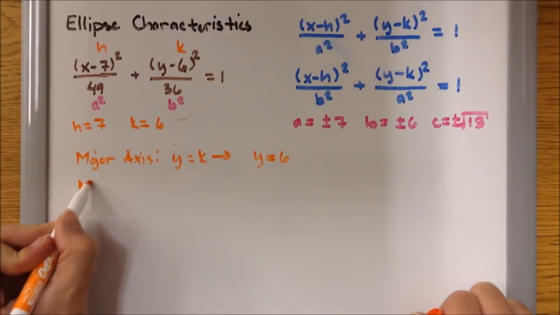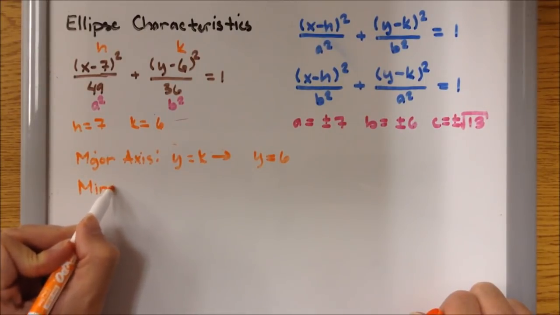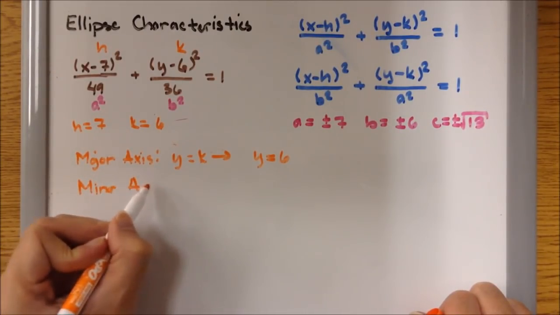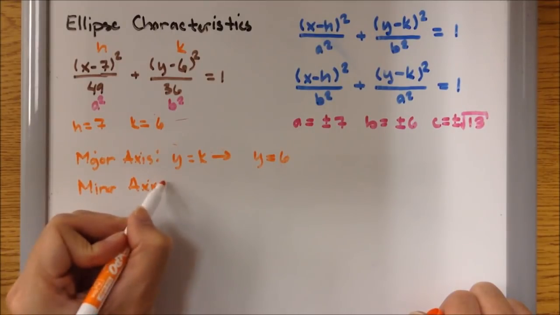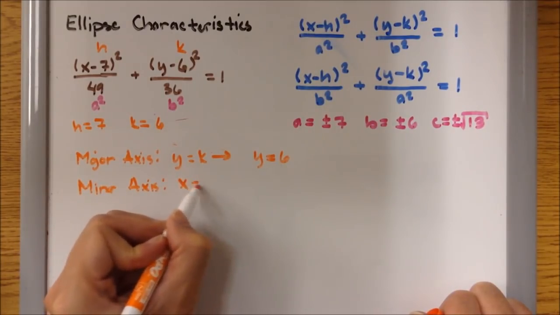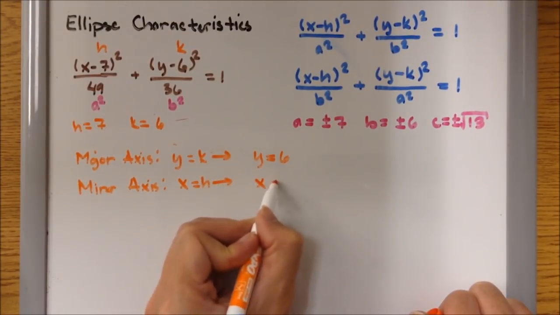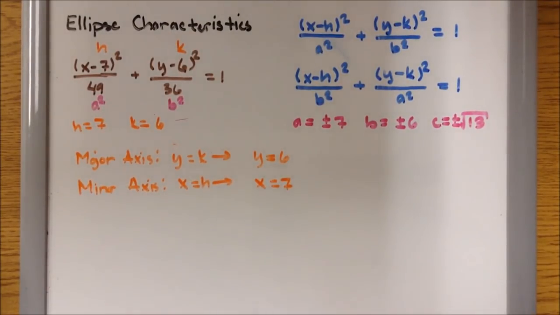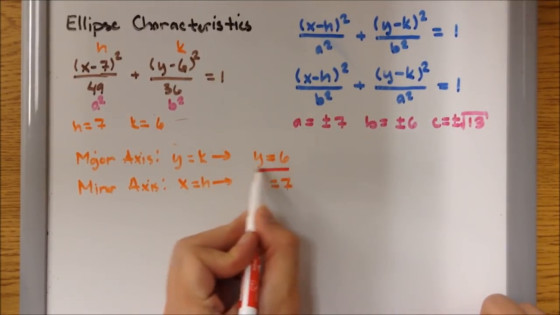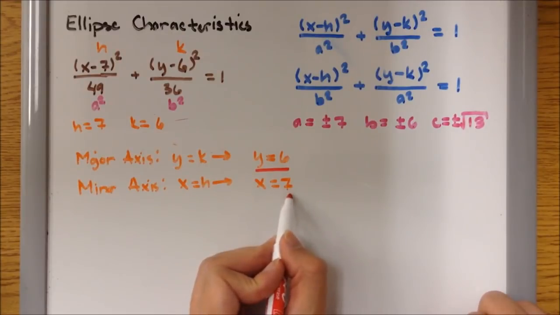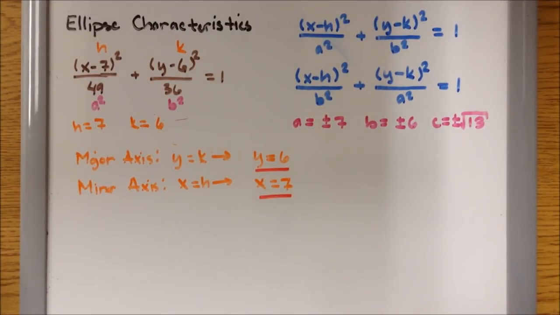And then minor axis will be x equal to h, so therefore it will be x equal to positive 7. And then there's the answer for major axis and minor axis. So that's all I have to do.